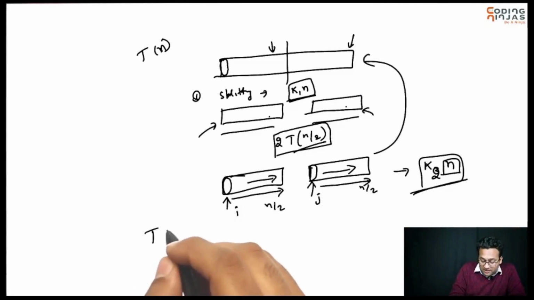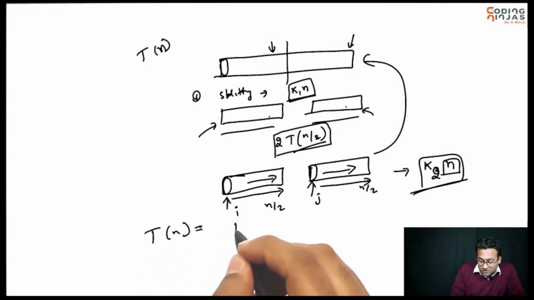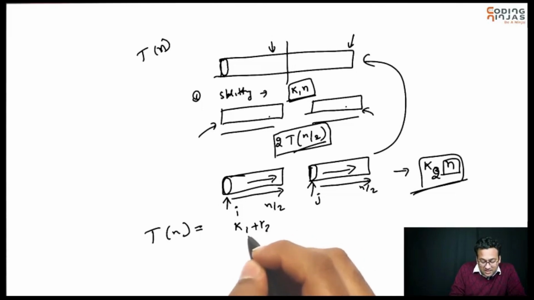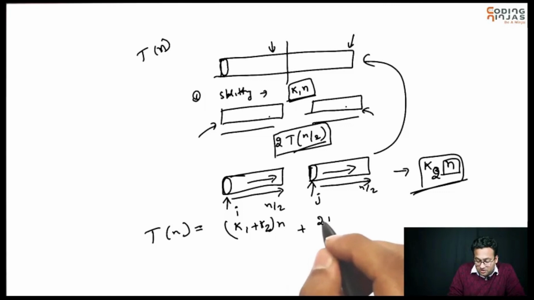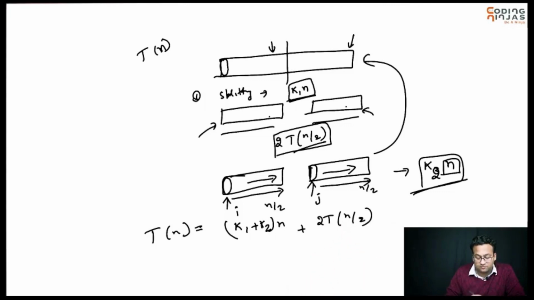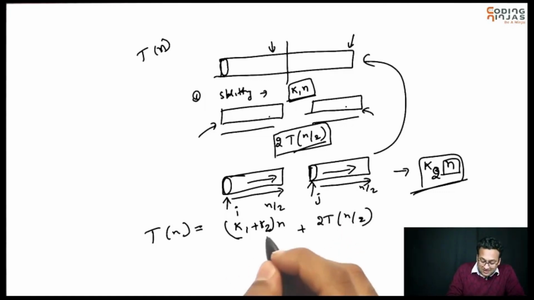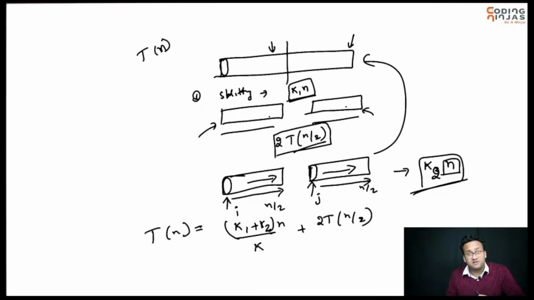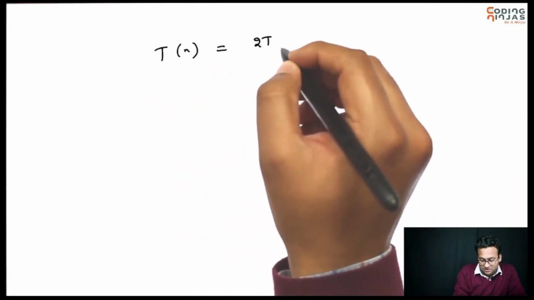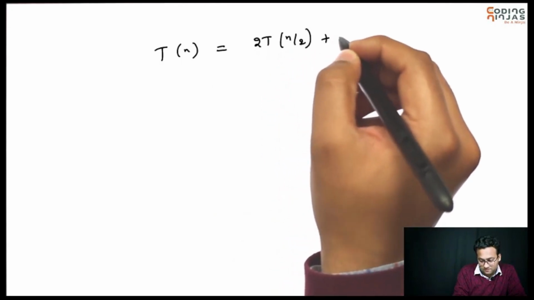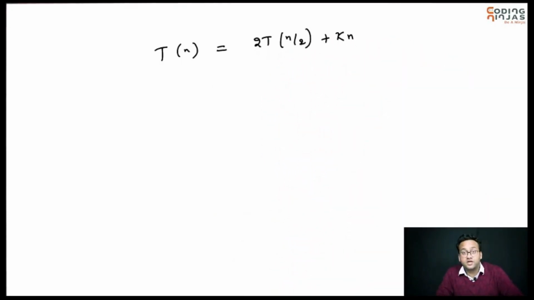To me it looks like T(n) = k1 + k2n + 2T(n/2). This constant k1 plus k2 can be another constant k. So the recurrence relation is going to be this.